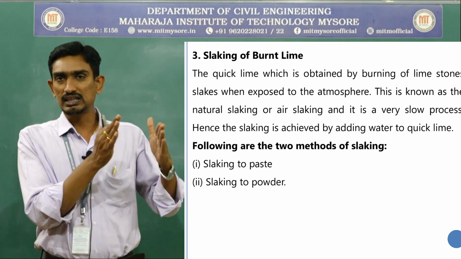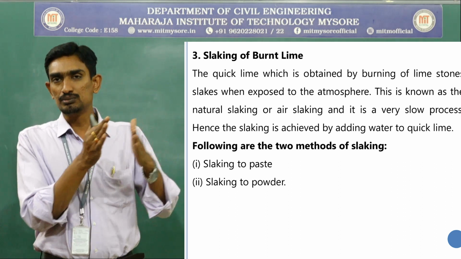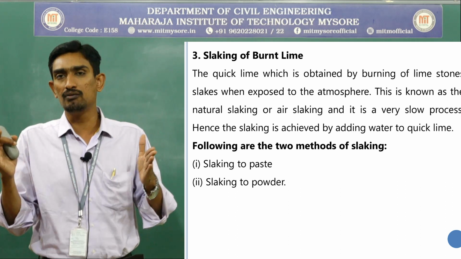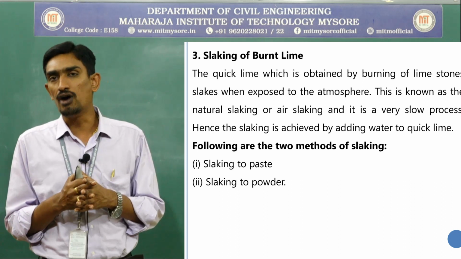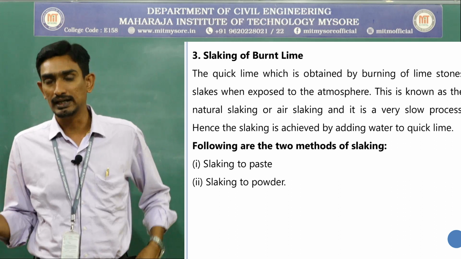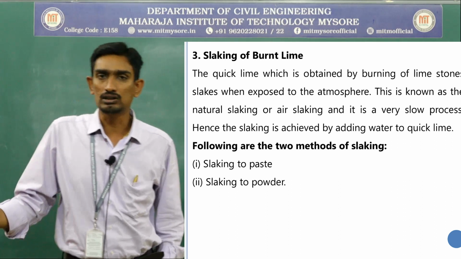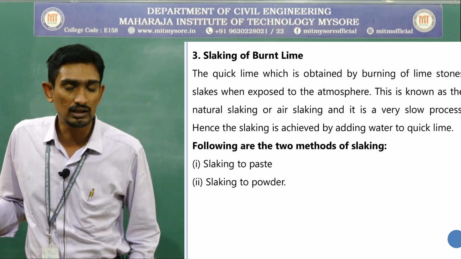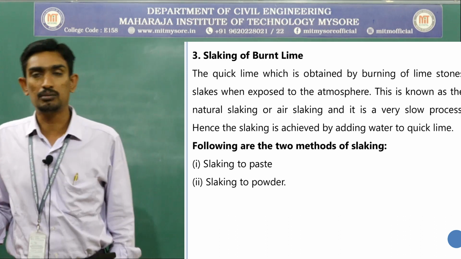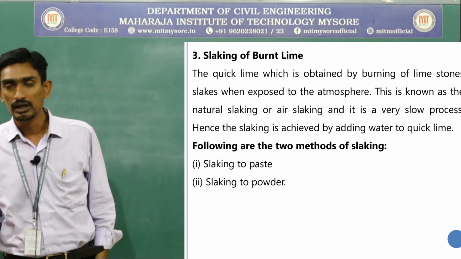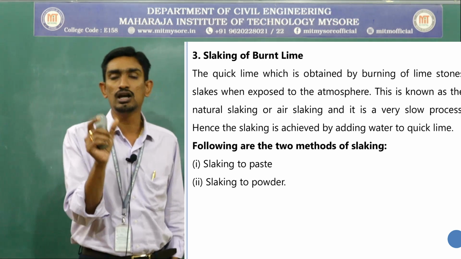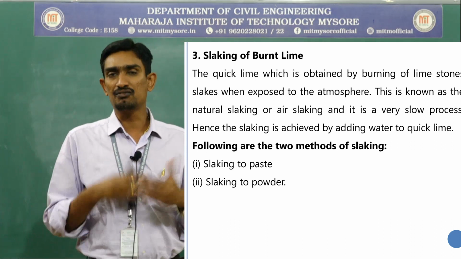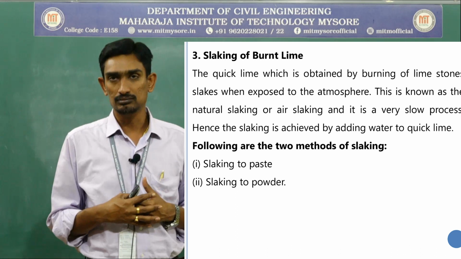Now the CaCO3 which was burnt to form CaO, that CaO will be combined with water to form calcium hydroxide, that is Ca(OH)2. After adding water, it will be available as Ca(OH)2. So this Ca(OH)2 is called lime. Is it clear?